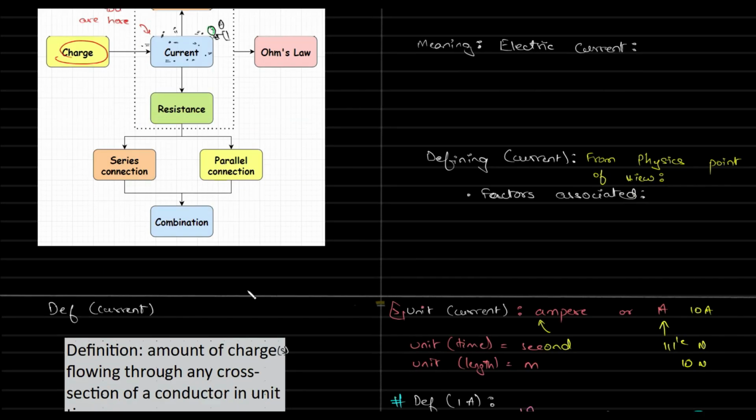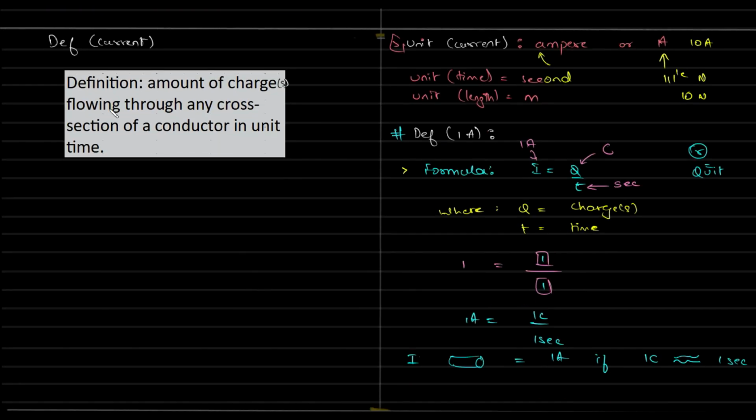Then we defined current as the amount of charge flowing through a cross section of a conductor in 1 second, or unit time. Then we looked into the SI unit of current, that is ampere, named after a person, so we write it as capital A.